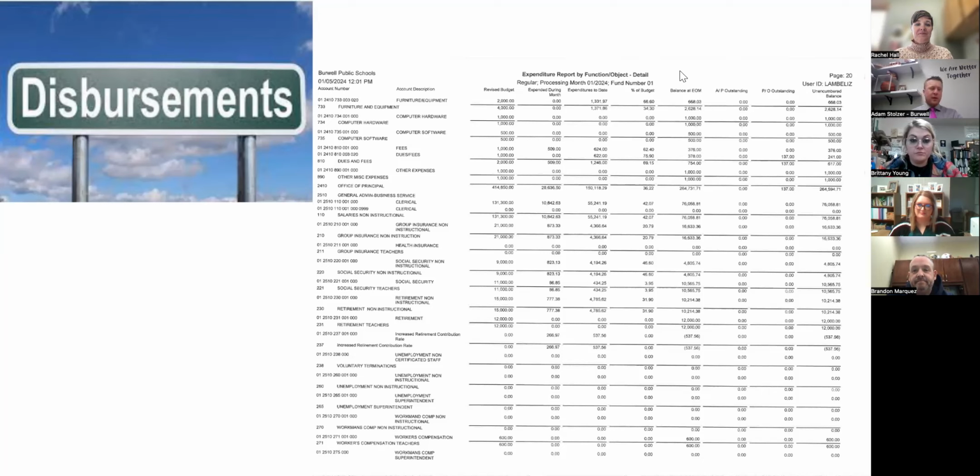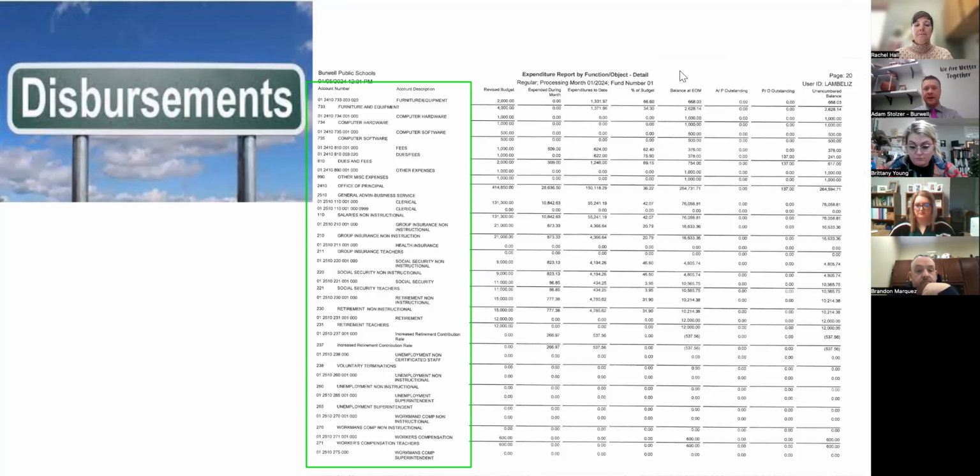So after the revenues is the disbursements. So this is now what we are paying. And this is an example of what we give out at the board meetings for that line item budget of what everything's being spent. Obviously, the big difference here is now the codes are a lot bigger, where it is the fund, the function, the object, the building, where it's being broken down so much more, and a lot more local coding is starting to go into effect here.